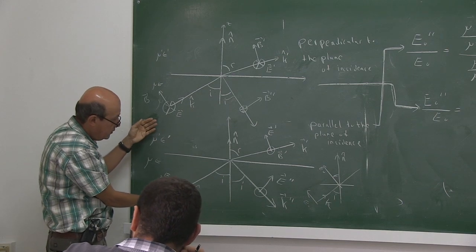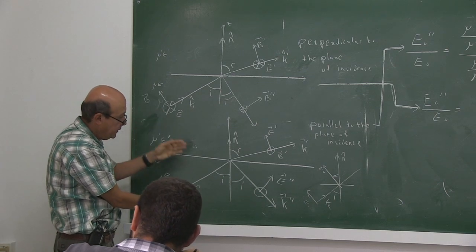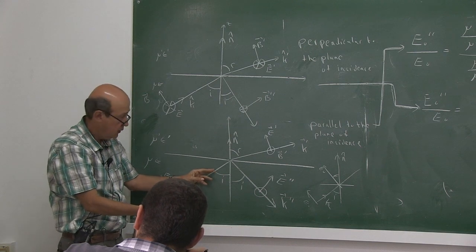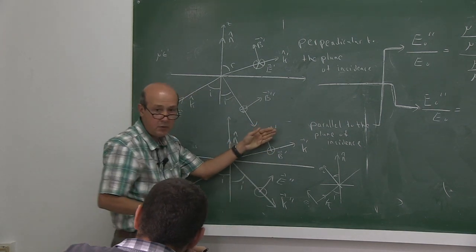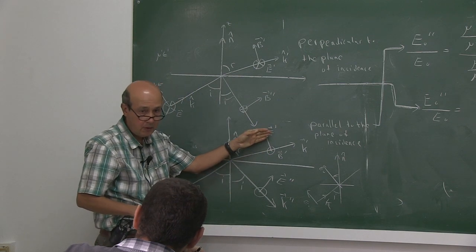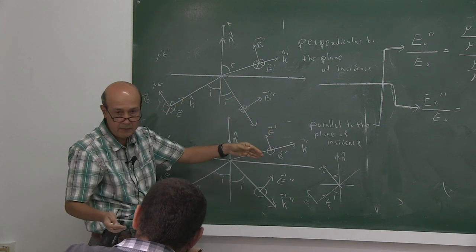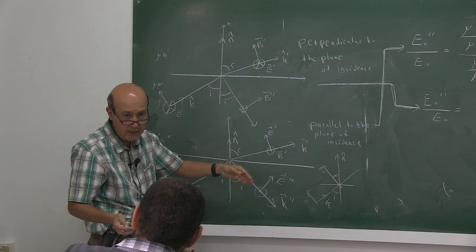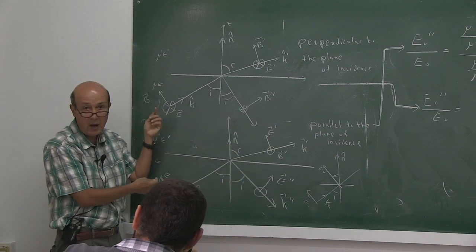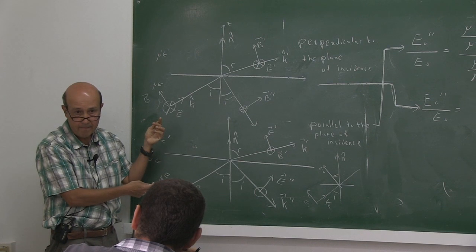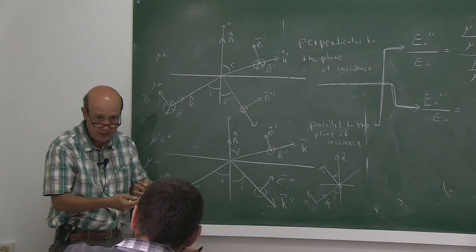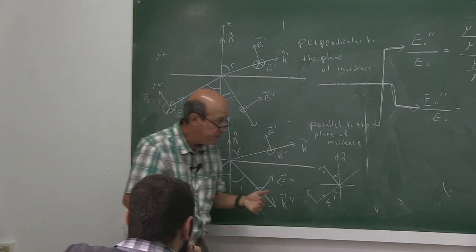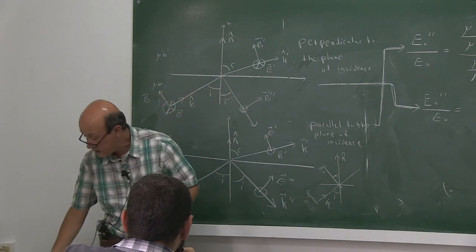So when this is propagating at Brewster angle, one component is transmitted to the other medium, but the other component is reflected. Basically, your incoming unpolarized wave becomes polarized.